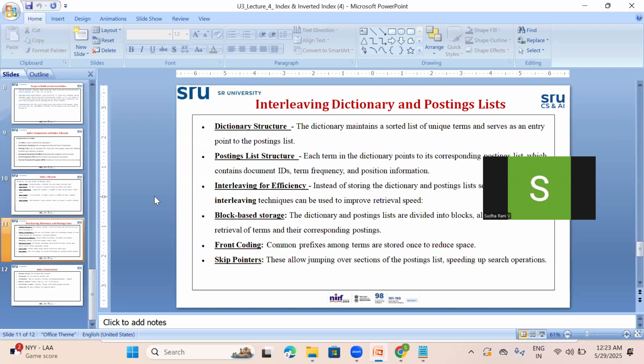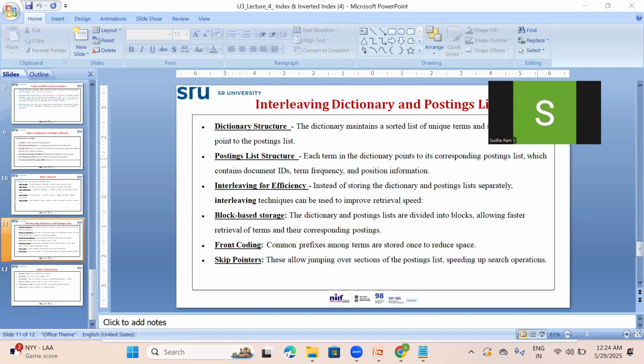Interleaving dictionary and posting list. Dictionary structure. The dictionary maintains a sorted list of unique terms and serves as an entry point to the posting list. Posting list structure. Each term in the dictionary points to its corresponding posting list, which contains document IDs, term frequency, and position information. Interleaving for efficiency.